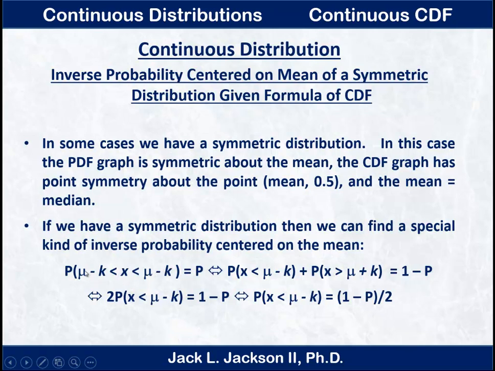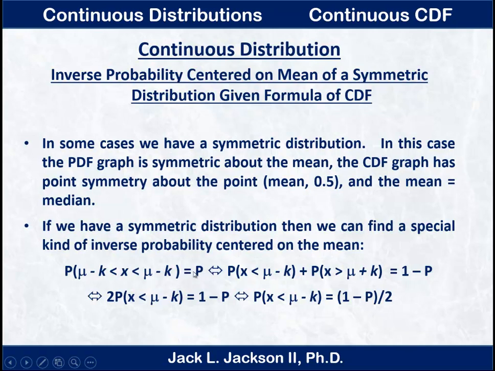Okay, so from mean minus k up to mean plus k, we want to find the probability of x's between that. If that's the probability we're looking for, notice that what's outside of that, the part to the left of mu minus k plus the part to the right of mu plus k, has to be 1 minus whatever this probability here is.